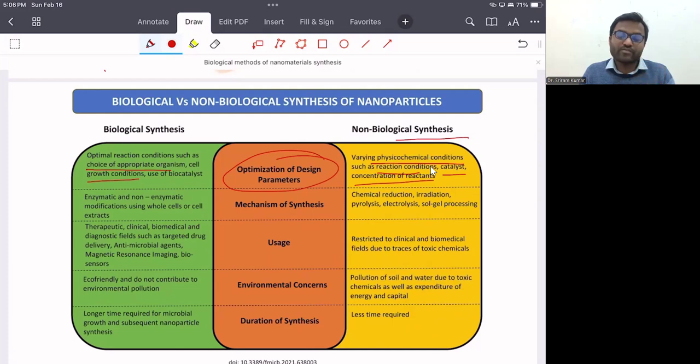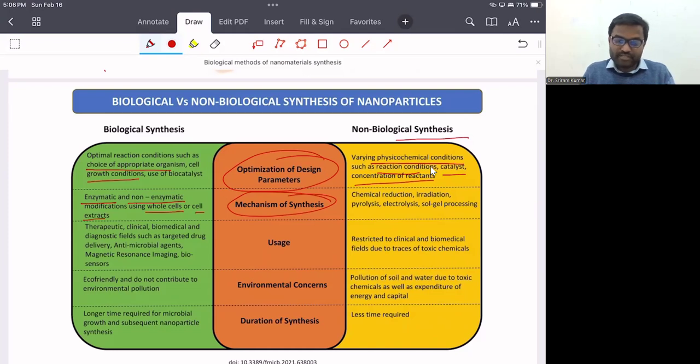However, in the biological system, we need to consider the choice of the organism, maybe bacteria, fungus, or maybe we should consider the protein, and the growth condition of the cell. And what is the mechanism of the synthesis here? In the biological system, there may be enzymatic and non-enzymatic processes, using whole cell or cell extract.